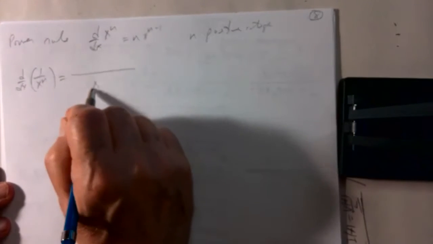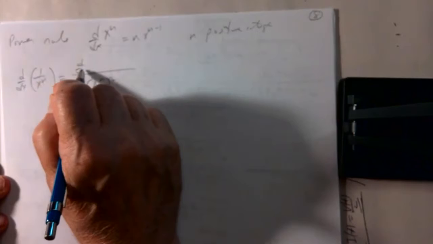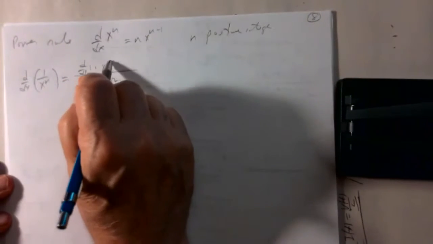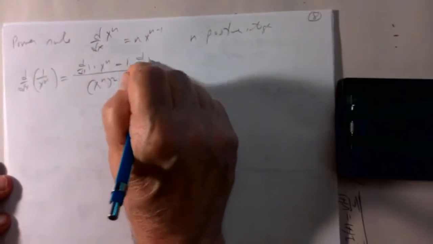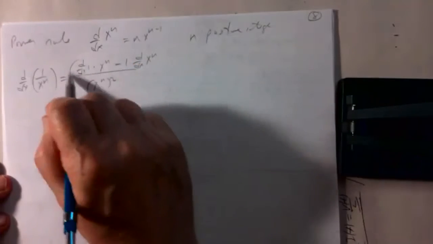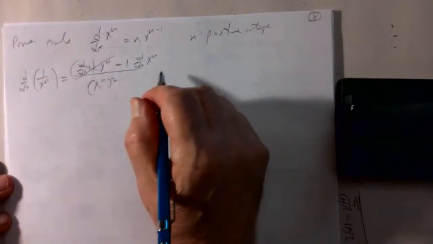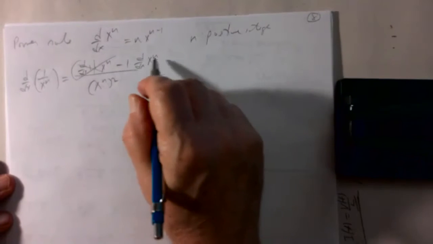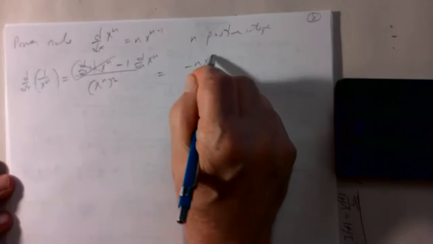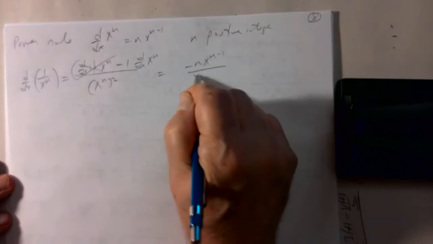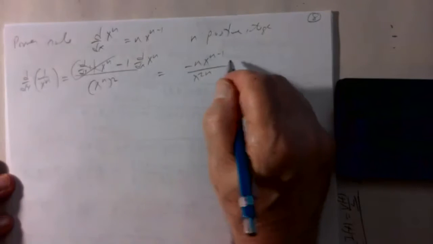This is the denominator squared, the derivative of the numerator times the denominator minus the numerator times the derivative of the denominator. The derivative of 1 is 0, so that term disappears. And the derivative of x to the n is minus n x to the n minus 1 over x to the 2n.